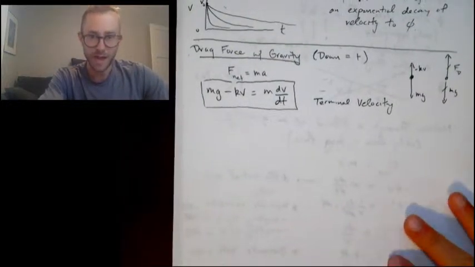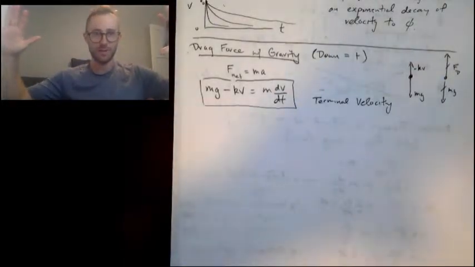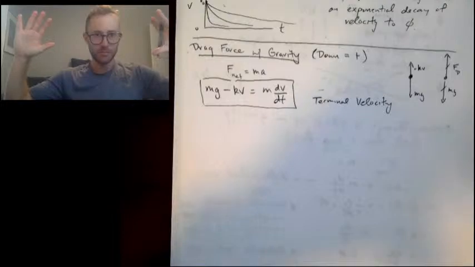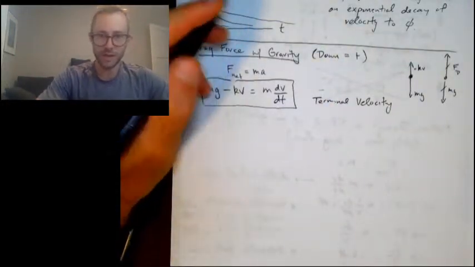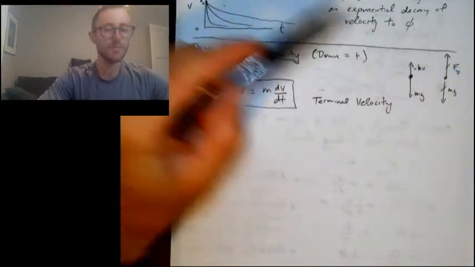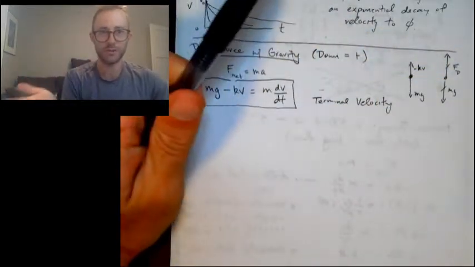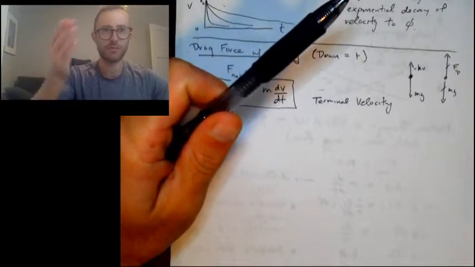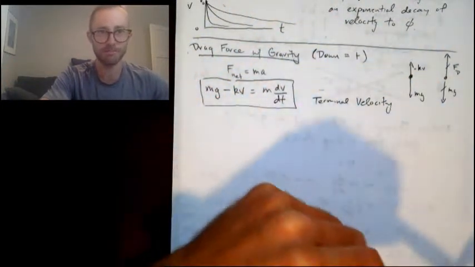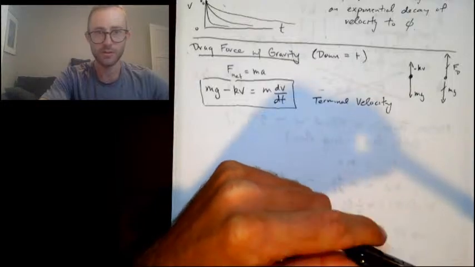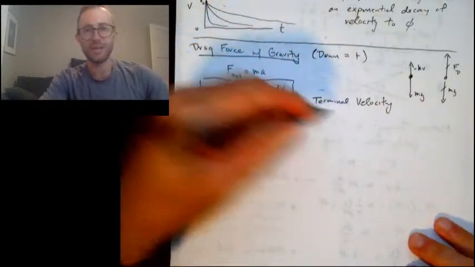So if you have an atmosphere, when something falls, it reaches a maximum falling speed, which is called the terminal velocity, and that occurs when the drag force balances the weight force. So you've acquired so much speed that the drag force is equal to your weight force, and you're not going to accelerate anymore.